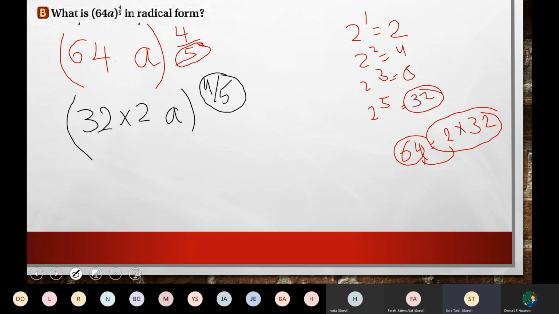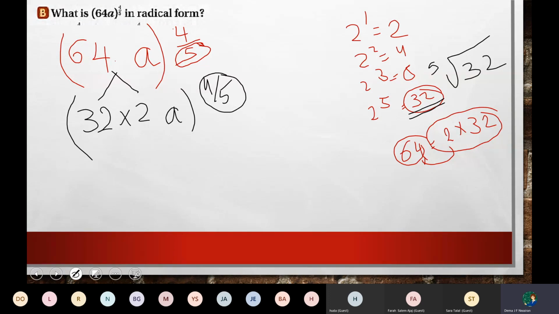I don't understand this step. Wait, girls. With more examples you will understand, but step by step, stay with me. Here we have now 32 multiplied by 2a. Why do I call 32? Because 32 can have a fifth root, but 64 cannot. So I find a number that has a fifth root, which is 32, and I can refactorize it as 32 multiplied by 2.